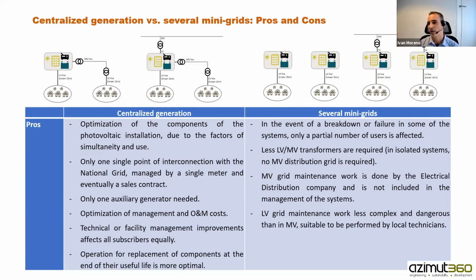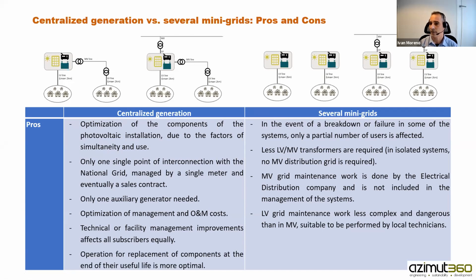And in the case of several mini grids, if there is no utility grid, there are no medium voltage transformers. But if we have a national grid, then we just connect each of the villages to the medium voltage distribution lines by means of only one medium voltage transformer, which is also good. So this is the case of fewer medium voltage transformers.